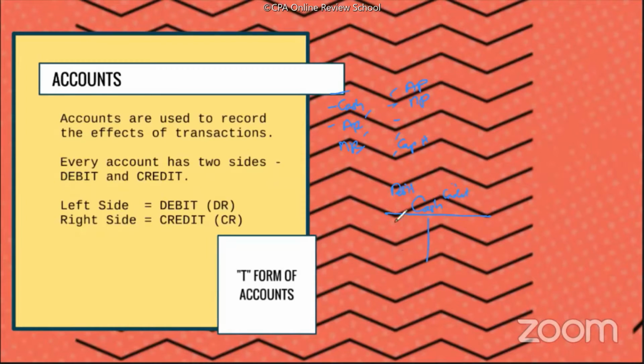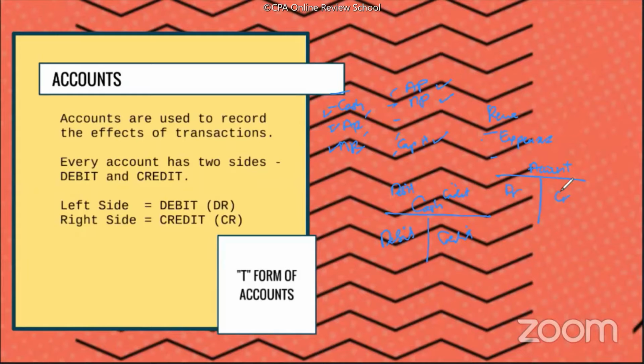Not only cash, but also AR, notes receivable, accounts payable, notes payable, capital, revenue, and expenses all have a debit and a credit side.